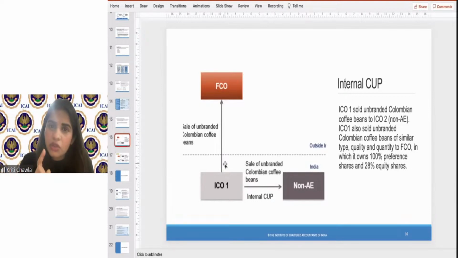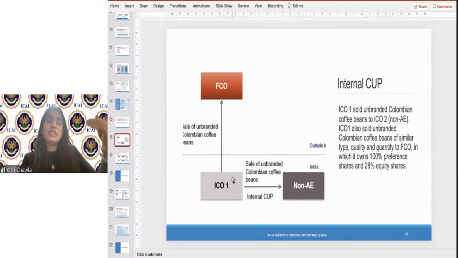While trying to see which method will be useful, we find out that I company is also selling the same unbranded Colombian coffee beans to a non-AE. So can we use this particular transaction to substantiate this particular transaction? Because this is a CUP method. In CUP method, we try to find out an independent entity who's also dealing in the same product, and we use that price to substantiate this particular price.